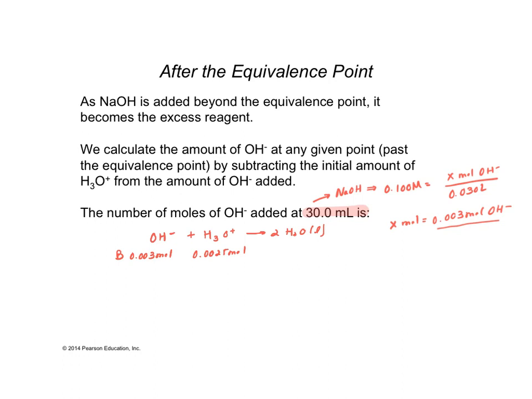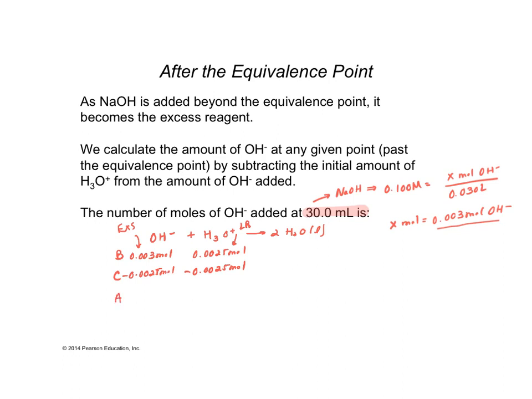And so now, after we've moved past the equivalence point, something has changed. Now the H3O plus is our limiting reagent, and the OH minus is our reagent in excess, okay? So because of that, the change is not going to be defined now by the OH minus, but instead by the H3O plus. We're going to completely run out of H3O plus, and we're going to have an excess amount of OH minus left in the flask afterwards, right?